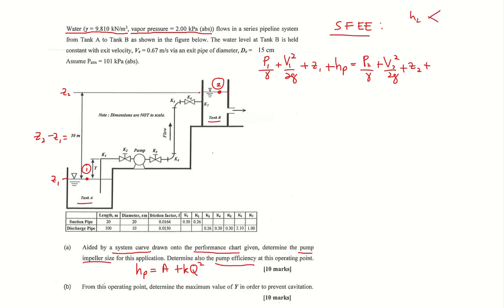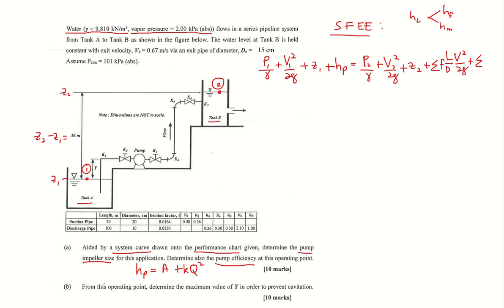So HL consists of major loss and minor loss. So major loss is due to friction in the pipe and is given by a summation of FL over D times V squared over 2G, where F is the friction factor in the pipe, L is the length of the pipe, D is the diameter of the pipe, and V is the velocity in the pipe. And plus a summation. So the minor losses are due to the components.